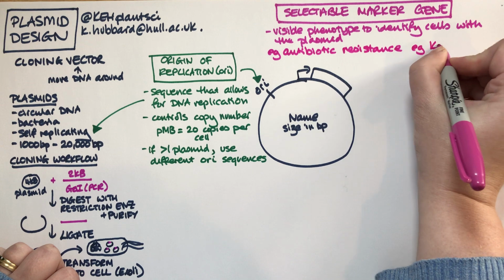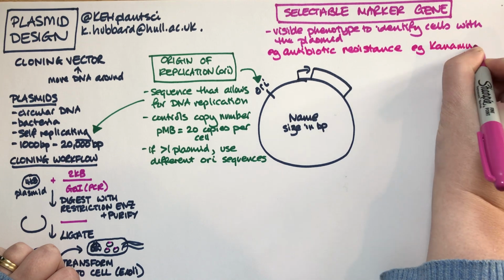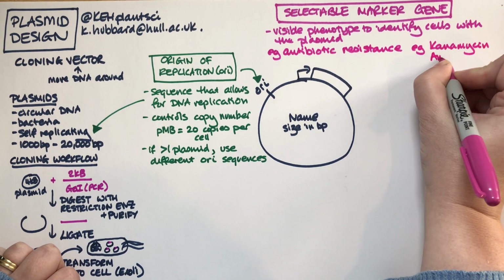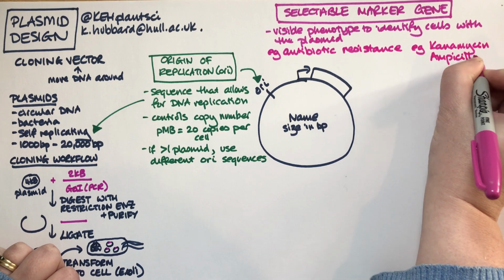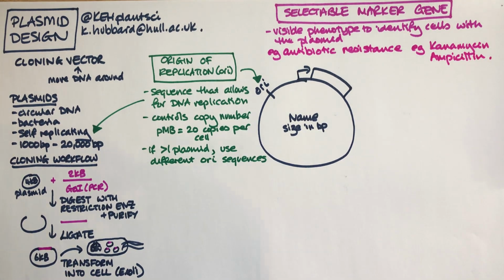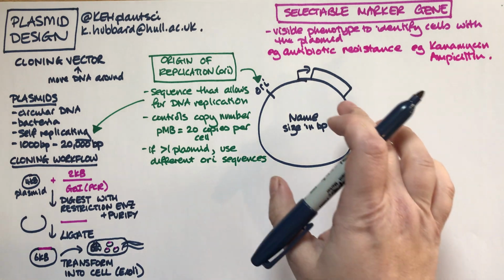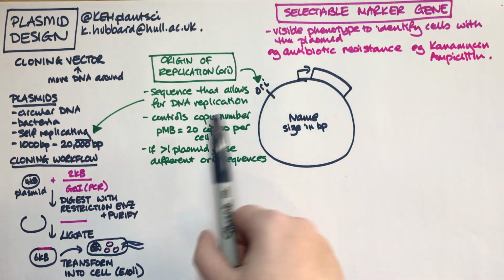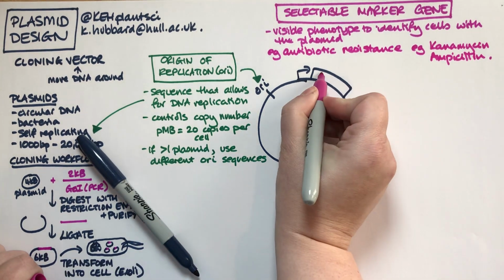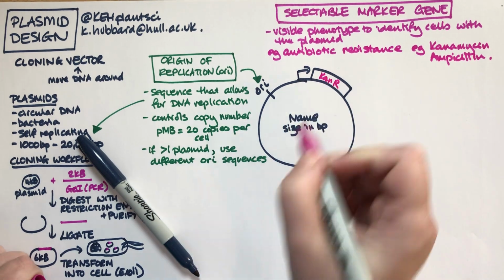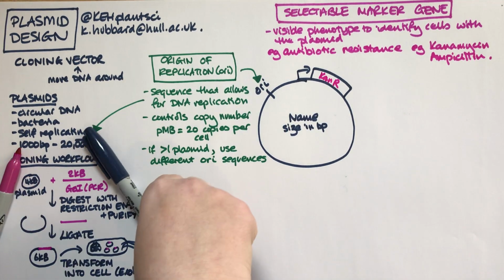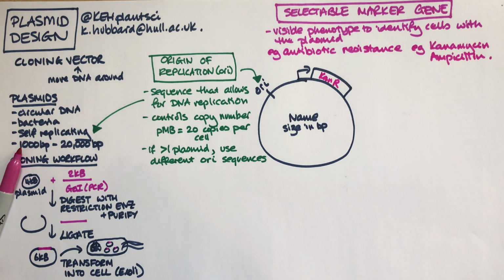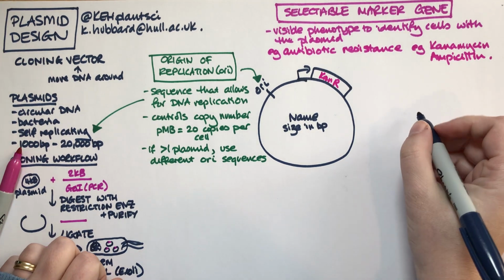So for example, you might have kanamycin resistance or ampicillin resistance. There are genes that encode enzymes that break down commonly used antibiotics. So if we use, for example, kanamycin resistance, let's put Kan-R in there, we can then tell which cells have got the plasmid and which ones haven't.